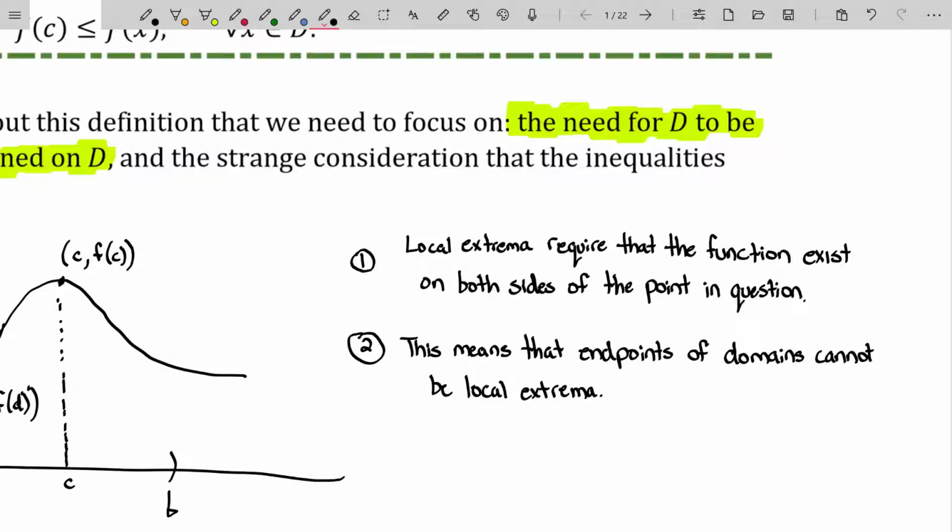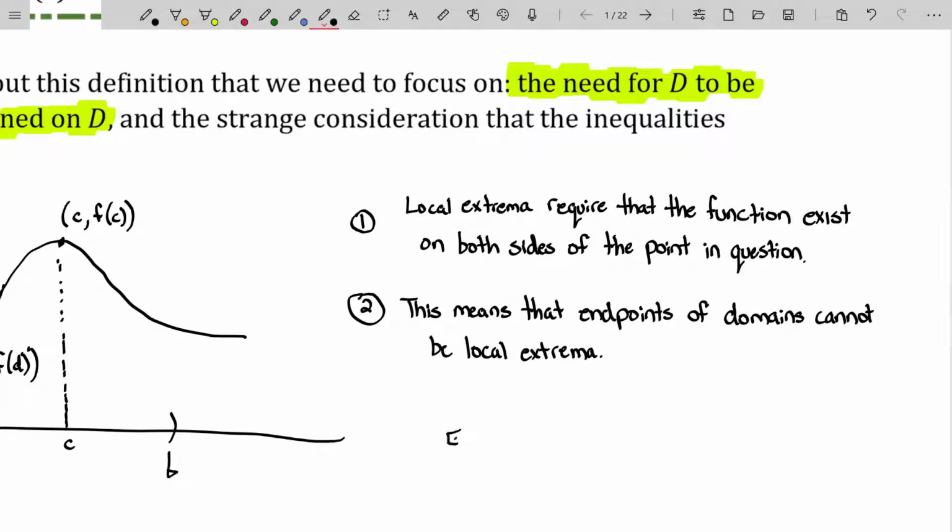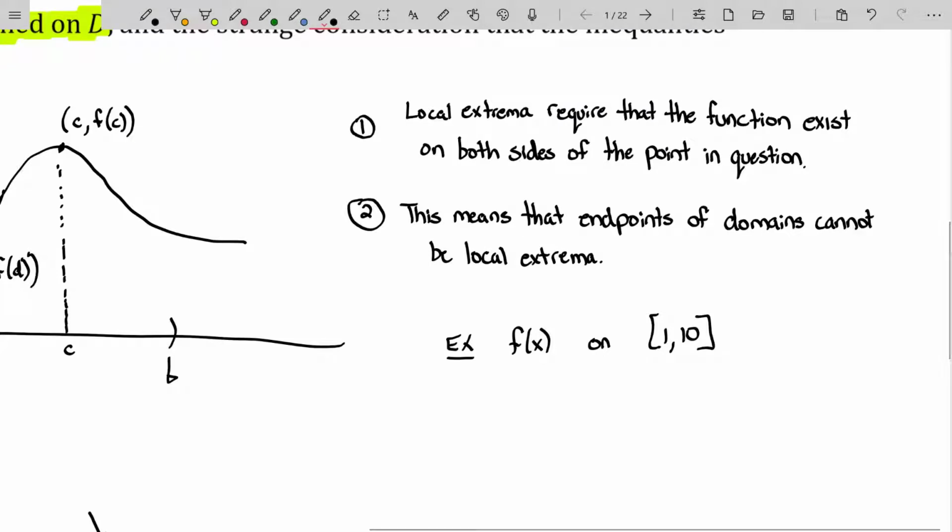So if I'm looking at some function f of x on some interval, let's say from 1 to 10, then the edge points 1 and 10 cannot represent local maximums or minimums because the function f of x isn't defined to go beyond 10 or below 1.